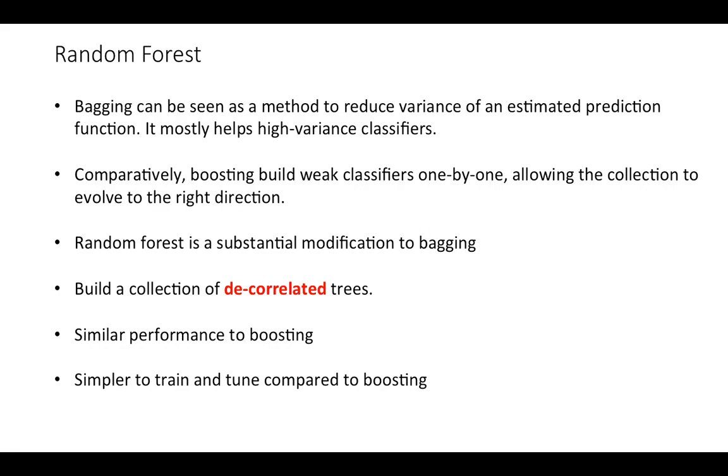In bootstrapping, what you are essentially trying to do is take random, different samples of the data, and then build the trees. But you can also think of taking different features and constructing the tree. That's the idea behind random forest.